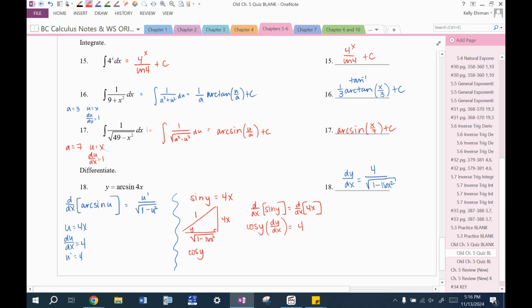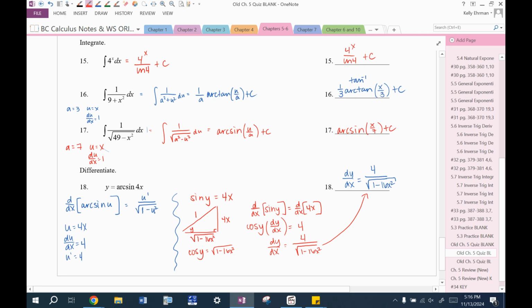Cosine of y, I need a value for that. That's equal to adjacent over hypotenuse. It's equal to the square root of 1 minus 16x squared. I'm going to divide that to the other side. And I get the same answer.